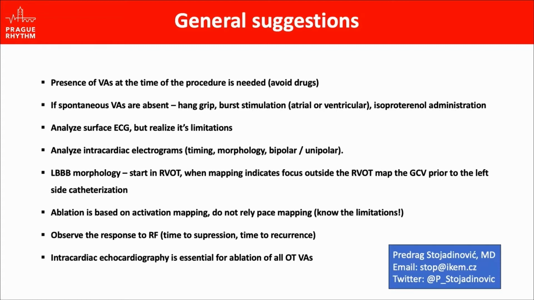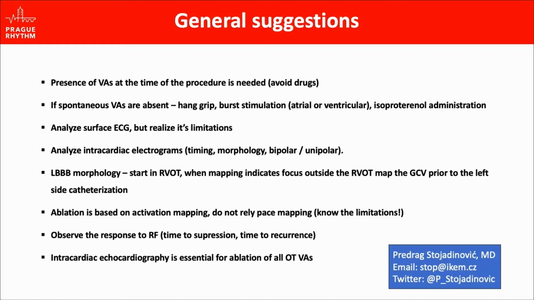If spontaneous ventricular arrhythmias are absent, hand grip, burst stimulation or isoproterenol administration may be helpful. Before the procedure, we need to analyze the surface ECG, but we need to realize its limitations, especially if we are using some ECG algorithms for predicting the site of origin of ventricular arrhythmias.